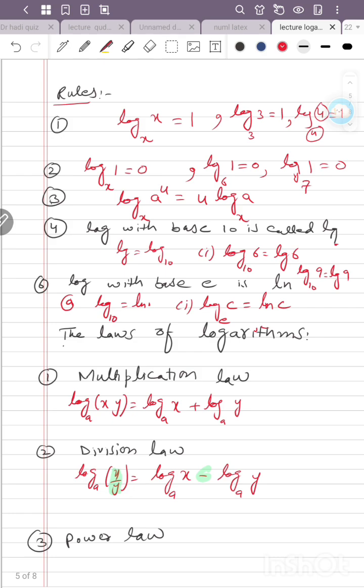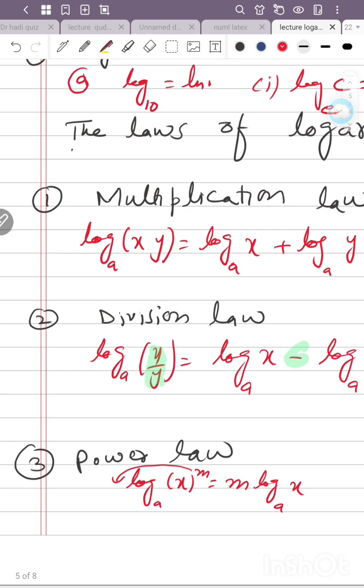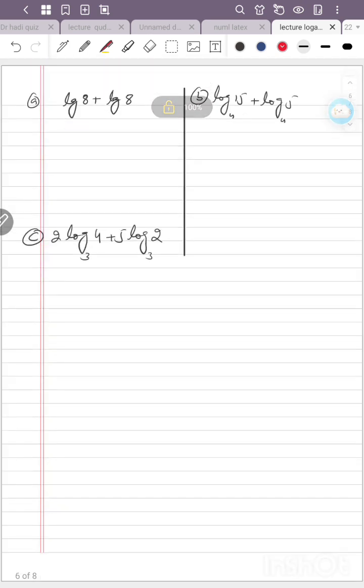Now, our power rule, how do we deal with power? Log base a of x to the power m equals m times log base a of x. Just think about this: the power will come to the start. This is the log property, very important for solving logarithmic questions.